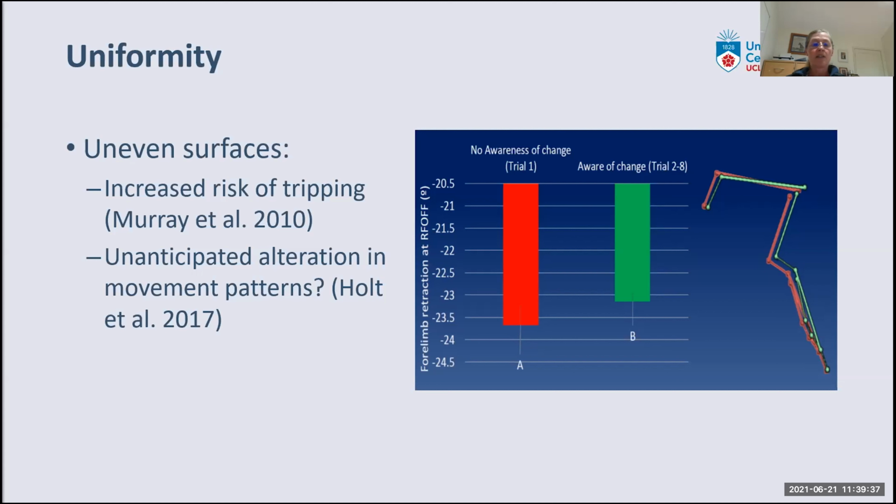So we can see here that from this particular study, the movement patterns were altered once the horse had started to learn the difference between those two parts of surface that it was moving across.